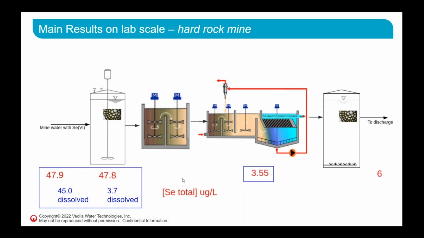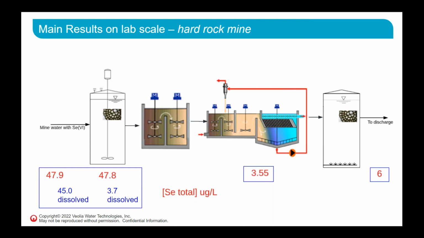And then we go to the Reox MBBR, where we can see a final concentration of 6 ppb of total selenium. This is where I told you that most of the system was stable, except the Reox. This is where we can see that it wasn't stable.